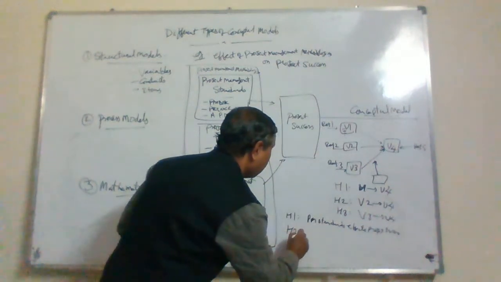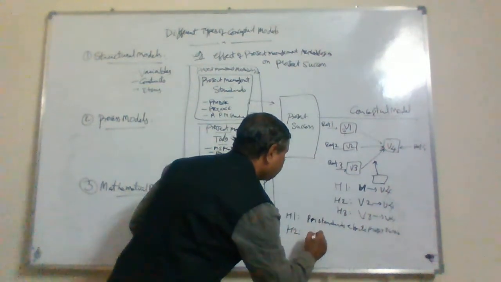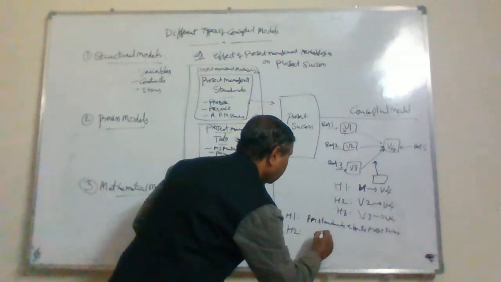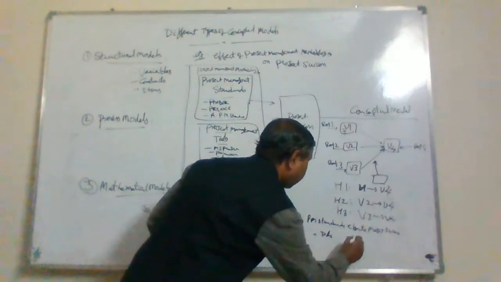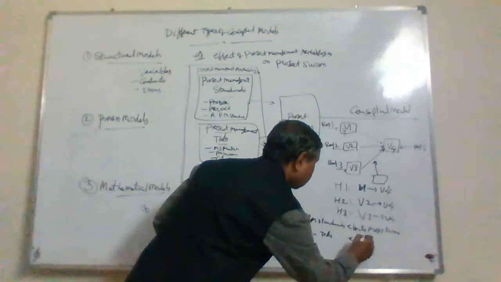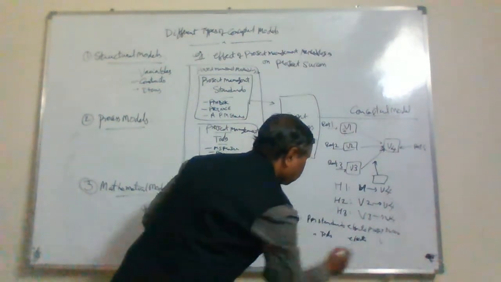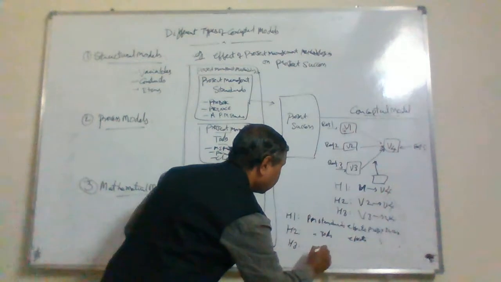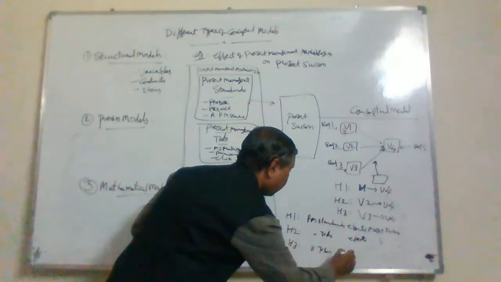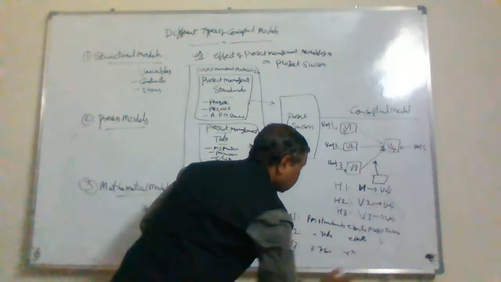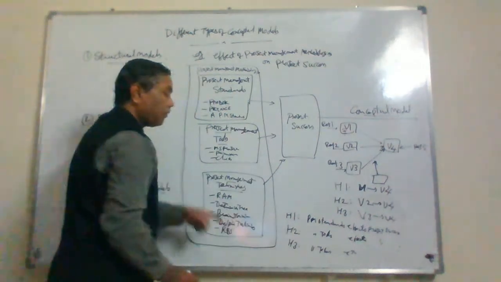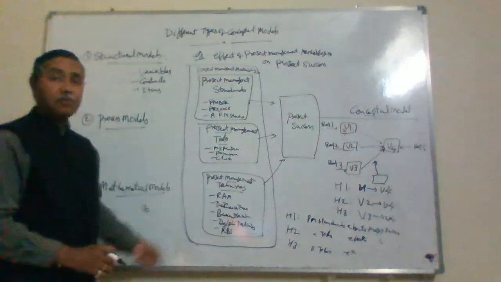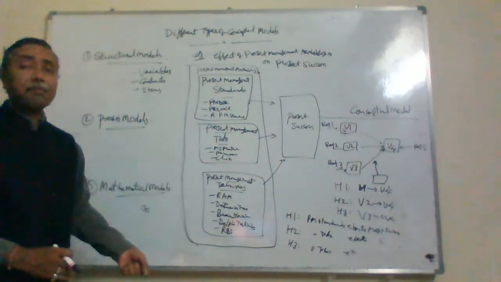Similarly, H2: project management tools affect project success. Now, you are defining positive hypotheses. Similarly, H3: project management techniques affect project success. These are the major hypotheses. Further, you can dig down into sub-hypotheses.